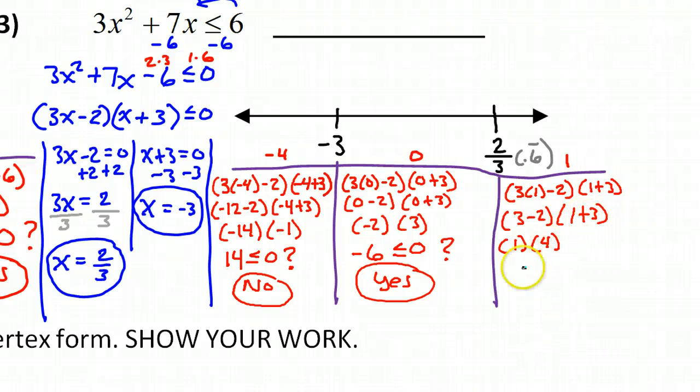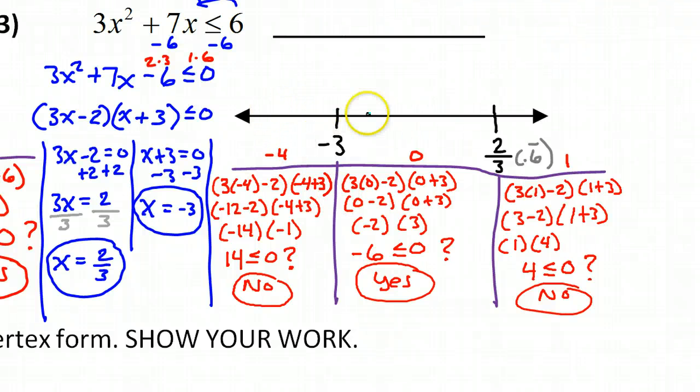Is that less than or equal to 0? No, 4 is greater than 0, not less. So we have a no, a yes, and a no. So no solutions here, we have solutions here, and we don't have any solutions here.